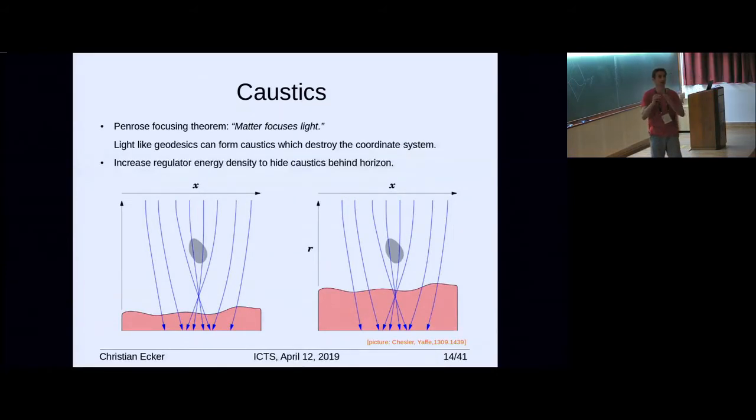That means our coordinates are also focused by gravity, so they can cross. And if these coordinates cross, our coordinate system is destroyed, so we have to avoid that. How you can avoid this is that you can always shift the horizon by this coordinate transformation in such a way that you hide these caustics behind the horizon. And the region behind the horizon you usually exclude.